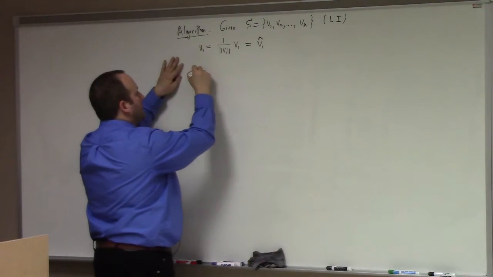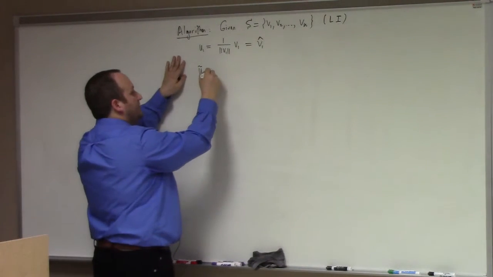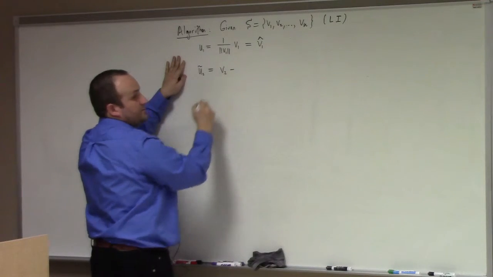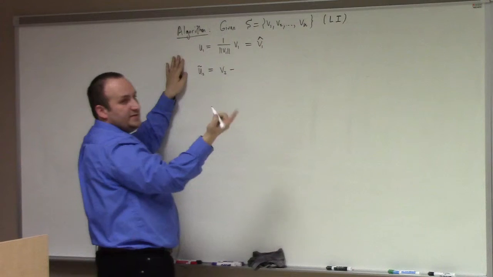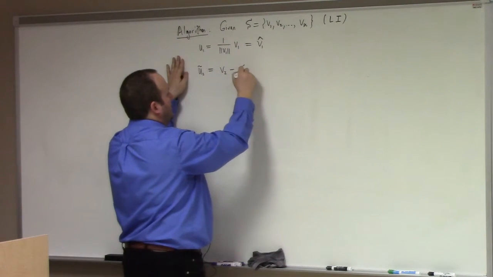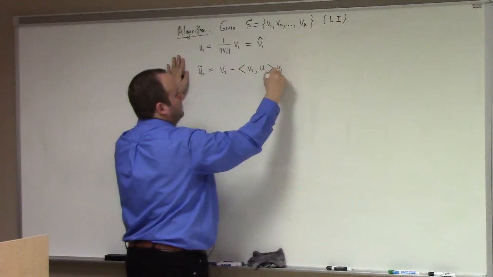Step 2 is, I call it u2 tilde as an intermediate step. What it's going to be is simply v2 minus, all right, and now I'm in an inner product space, so I can't use dot products. Doesn't make sense. But you just replace the dot products with inner products. The same story goes. So you do v2 minus the inner product of v2 with u1, times u1.